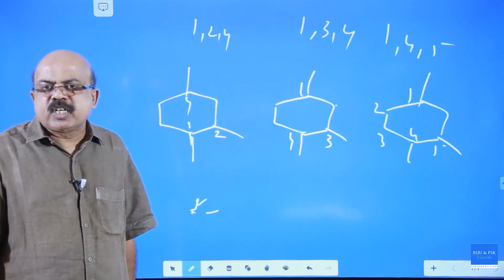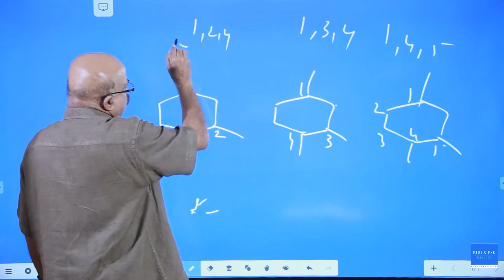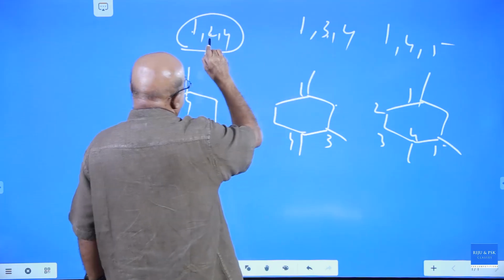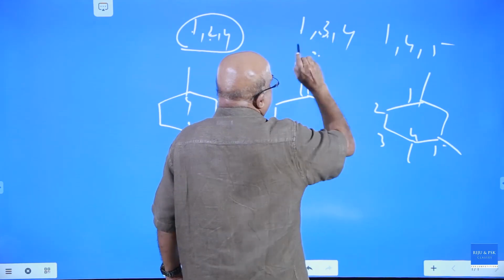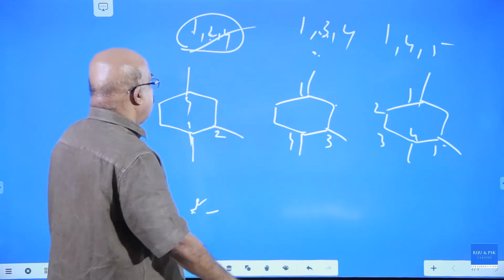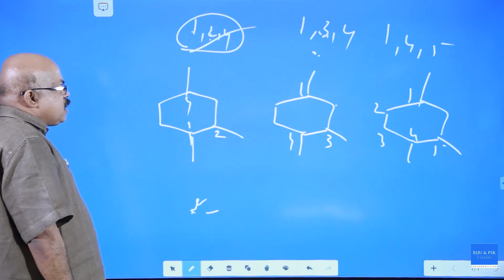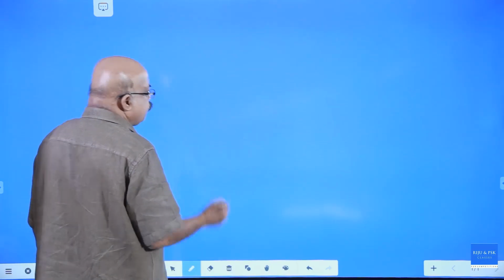The lowest set of locants is 1, 2, 4, so this is the preferred numbering. So it is 1, 2, 4 trimethyl cyclohexane, right?